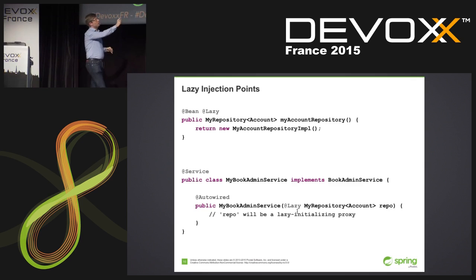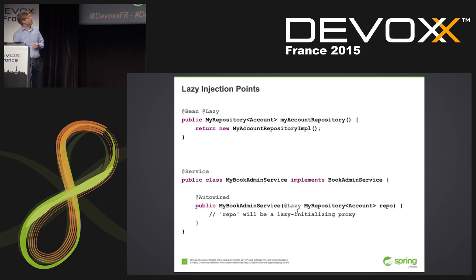That's what you can express with @Lazy here. You're basically just saying, I want this reference here, but I'm not going to use it, so a lazy initializing proxy is perfectly okay for me. And that's exactly what you get: a lazy initializing proxy, implementing MyRepository, and whenever you access it, it's going to trigger the actual creation of the target bean in the Spring container.